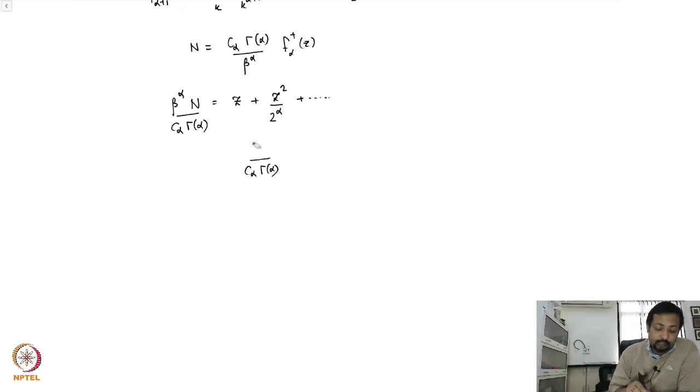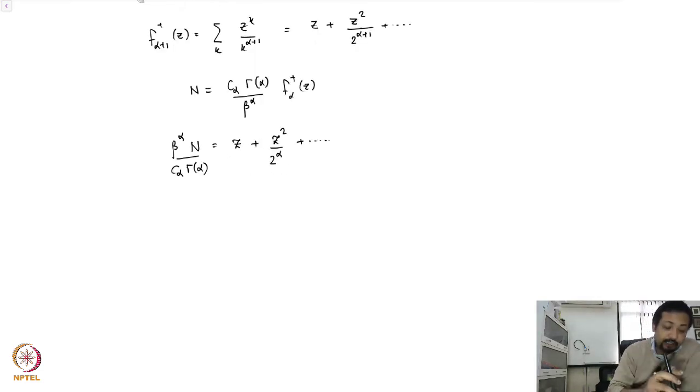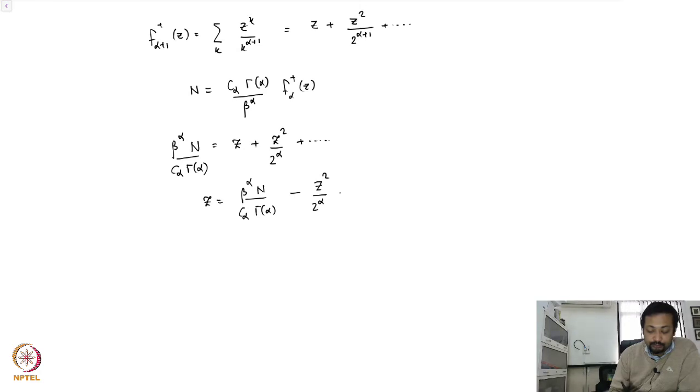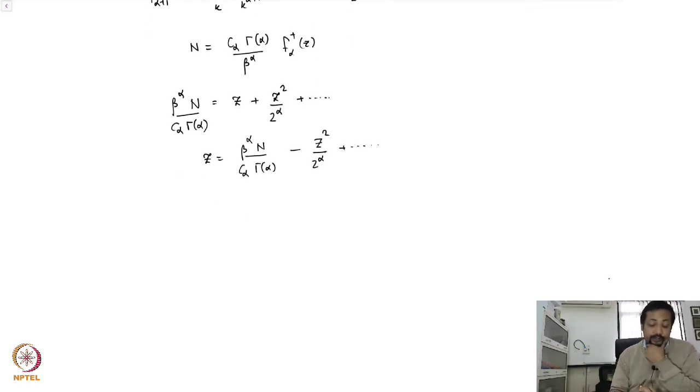So let's write down the equation that I'm going to use. That means I can write down z as beta to the power alpha n over C_alpha Gamma(alpha) minus z square over 2 to the power alpha plus higher order terms. And you can immediately see if I use the perturbative expansion, then to the lowest order I ignore all higher orders of z.